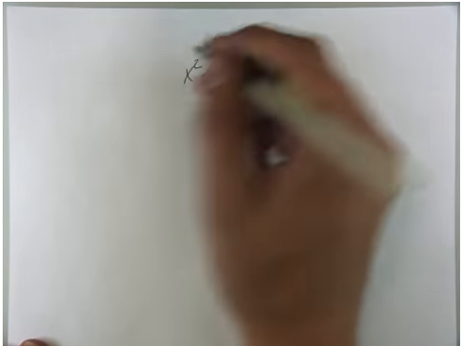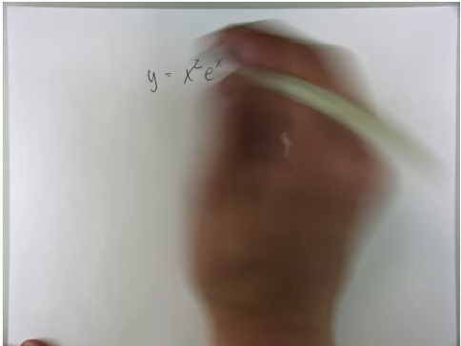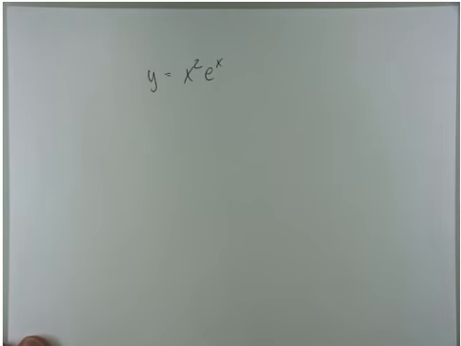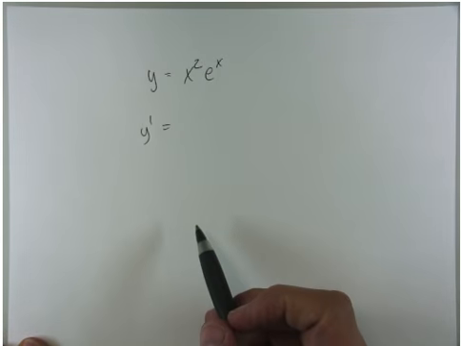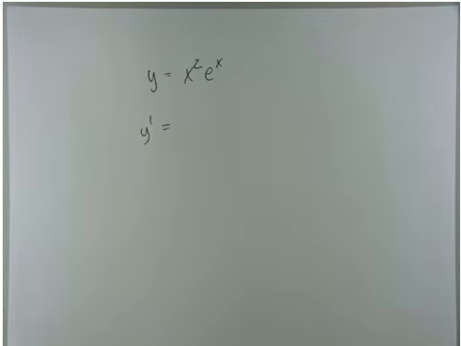Let's do another one. Let's look at something that got this whole thing spurred off. y equals x squared times e to the x. So y prime, the idea is that every factor will have its turn having its derivative taken, right?